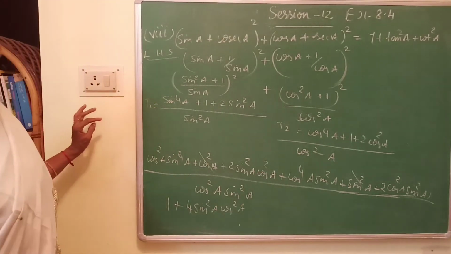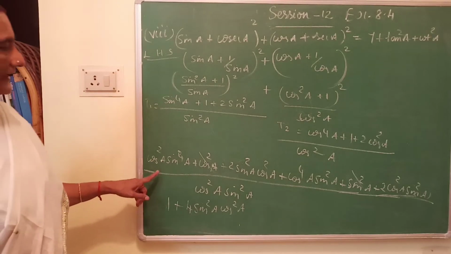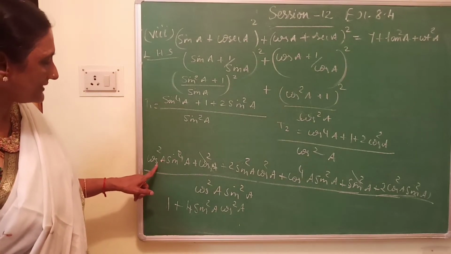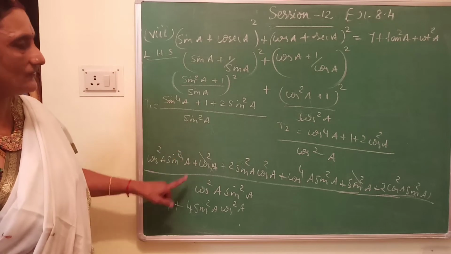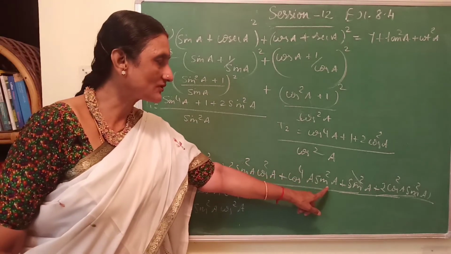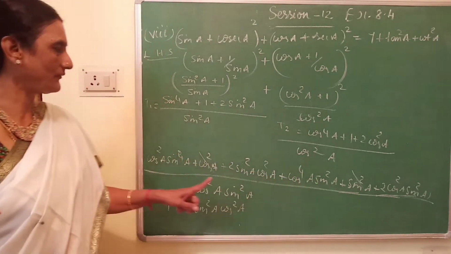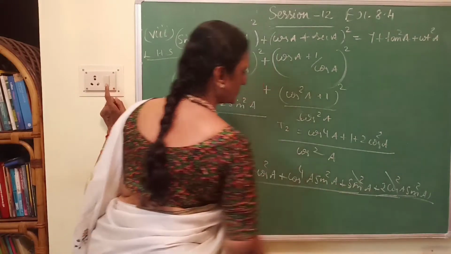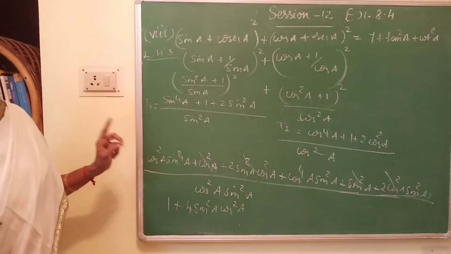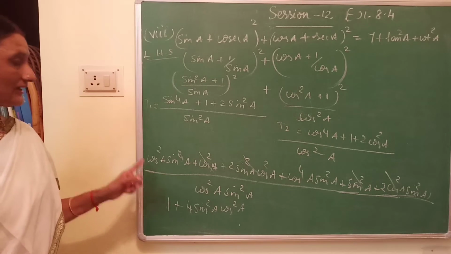Correct? Are you understanding? Now here there is 1 cos square A sin raised to 4, here sin square A cos raised to 4. If you consider these two terms, there are 2 factors common. What are they?